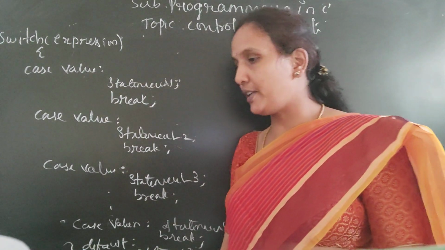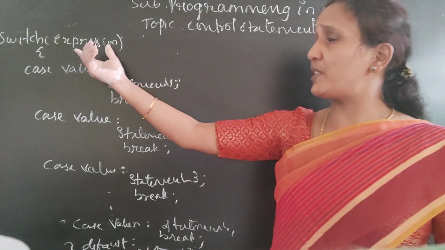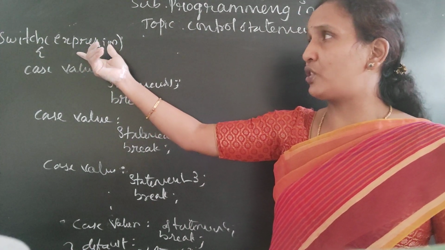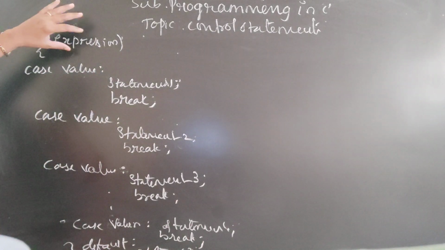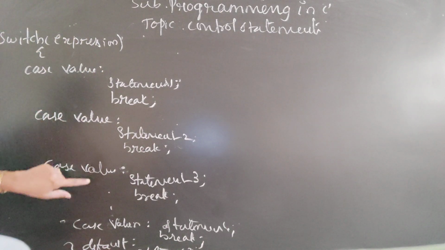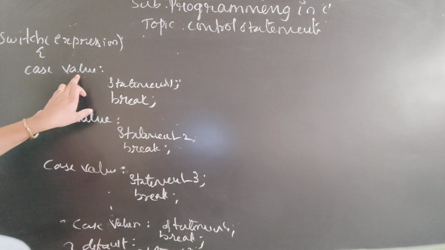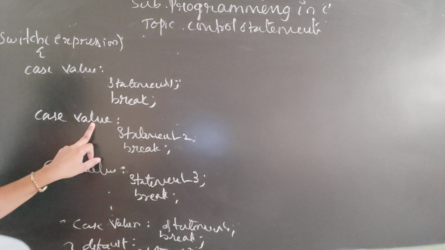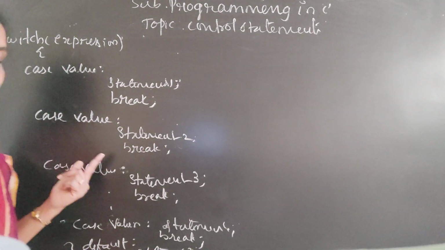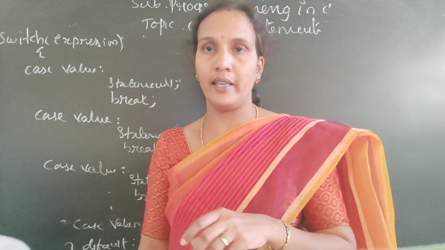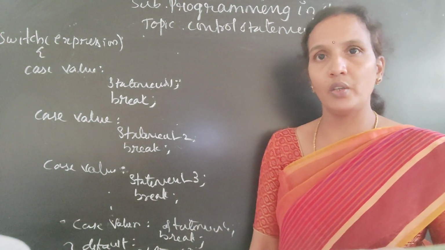But here the condition is that whatever expression you are giving here should be either an integer or a character. That is compared with each and every case value. And case values should be unique. For example, if you have given case value 1 here, it should not repeat once again. Whatever case values are there, they should be unique.